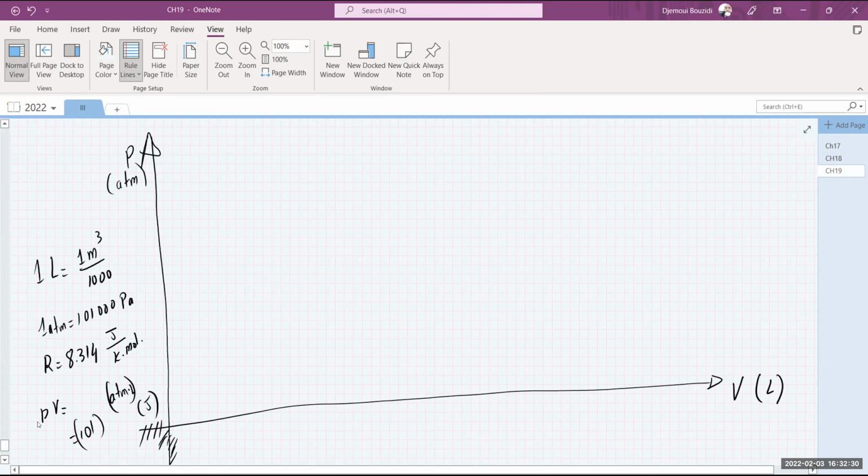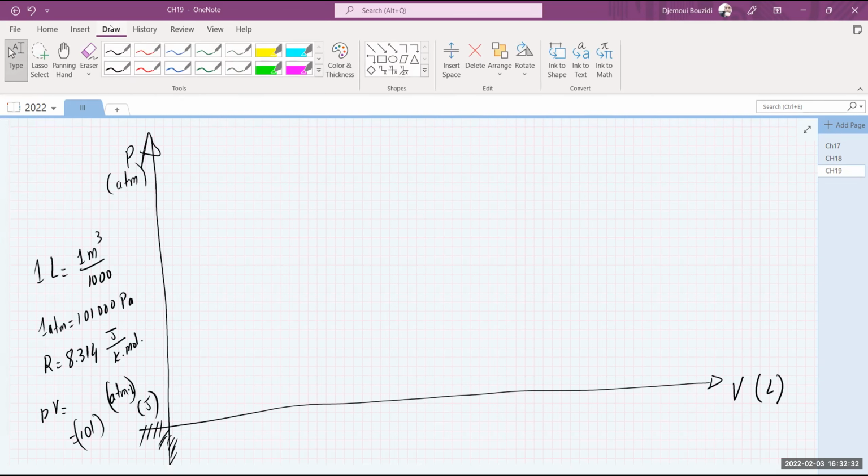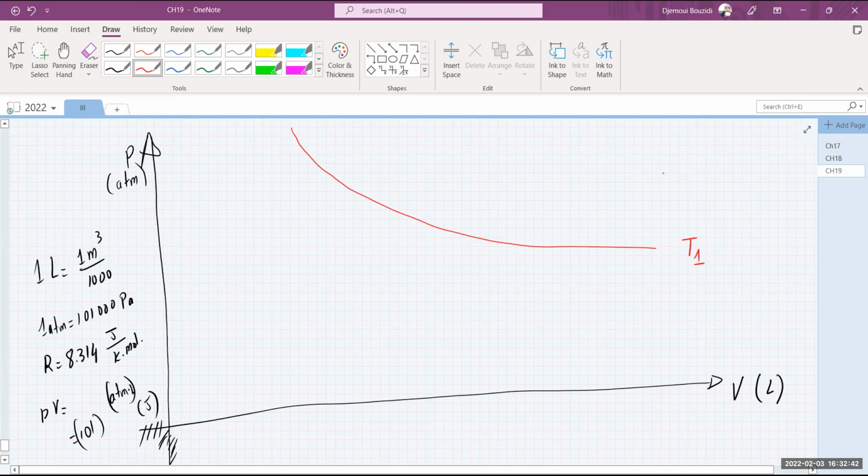Now, let me try to get some colors in here going. Let's start with the isothermals. So this is an isothermal at T1. In other words, this entire curve is P, the dependent variable, equal to a constant nRT1 over V, and V is your independent variable.